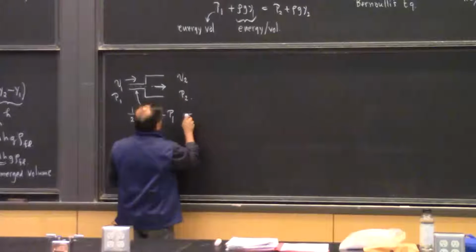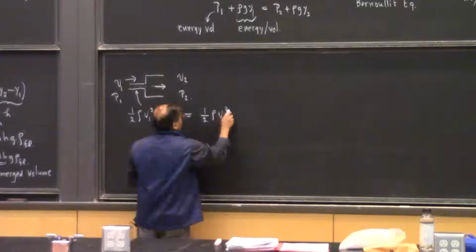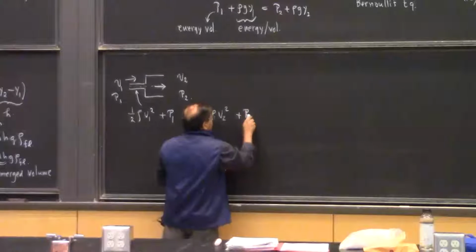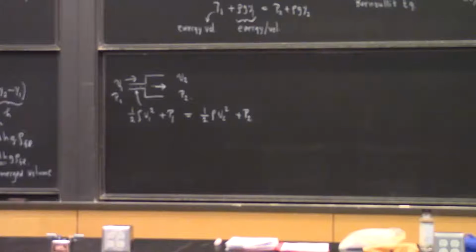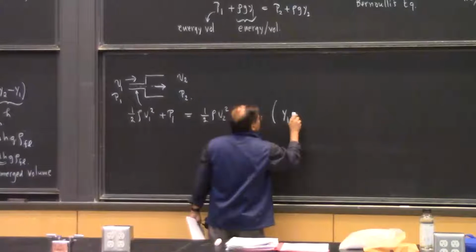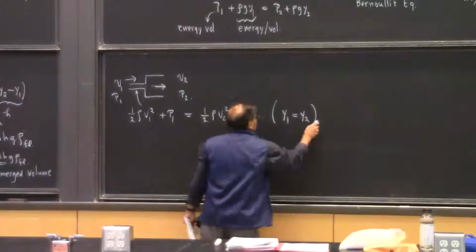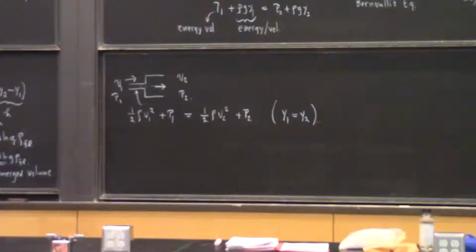So by Bernoulli's equation I should be able to write 1/2 rho V2 square plus P2, because I'm dropping the y piece, right? Because the y piece is the same in both cases. So here basically y1 is equal to y2. So I don't have that piece. So now something interesting happens.